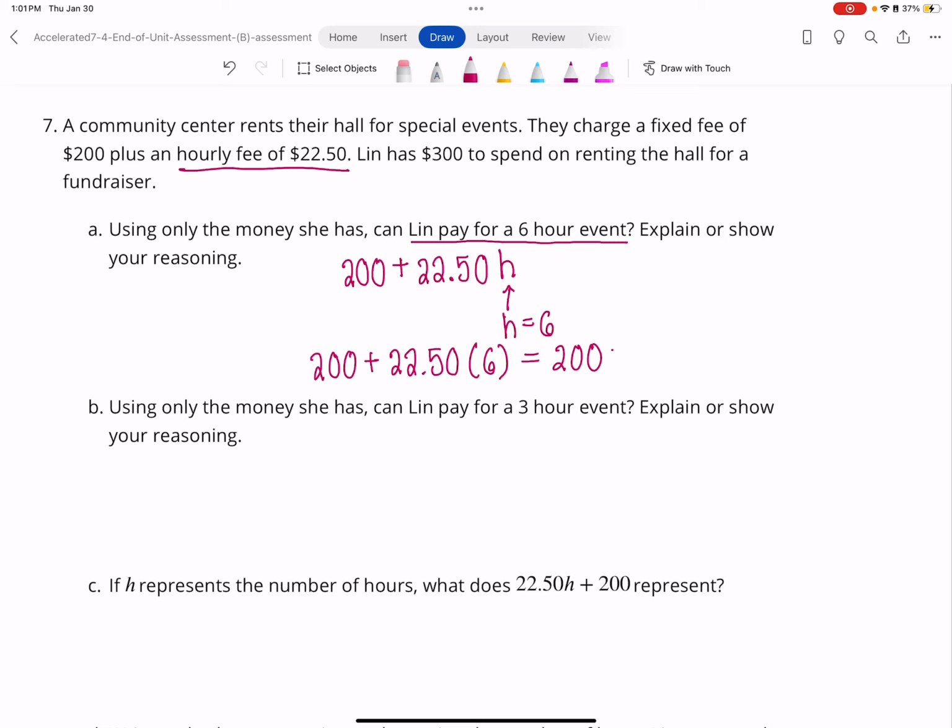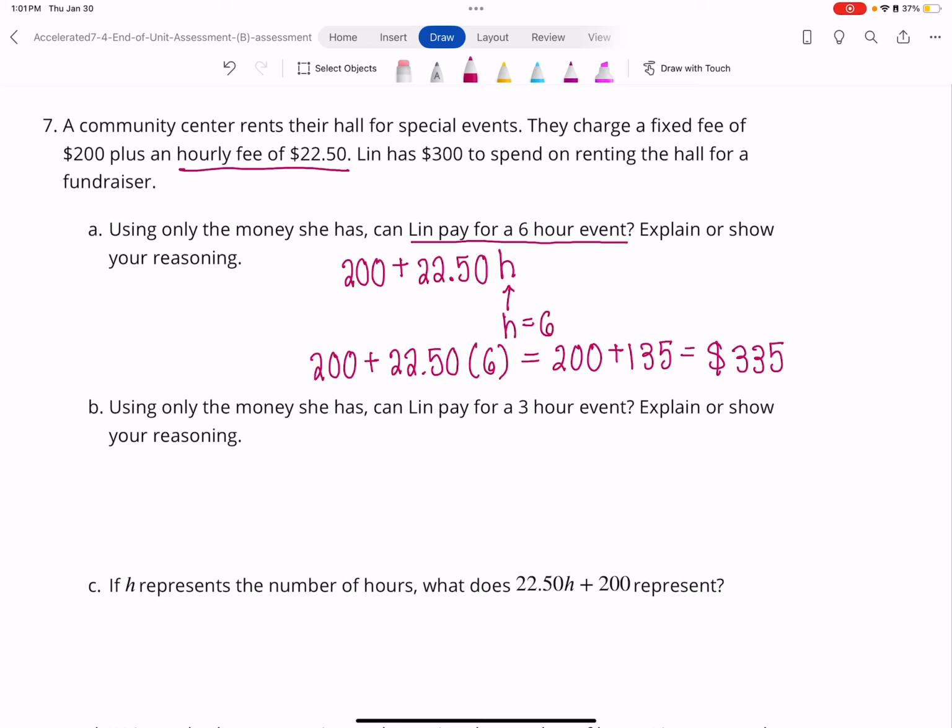All right, so if we calculate the $22.50 times the 6, we end up getting 135. And in total, it's going to cost Lynn $335.